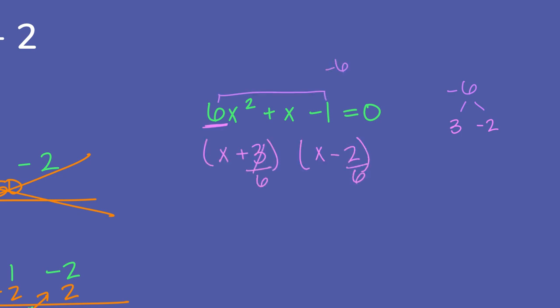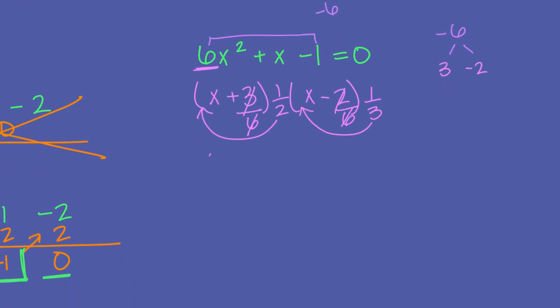Okay, so simplifying this, I'm going to get 1 over 2. Slide that 2. Simplifying this, I'm going to get 1 over 3. Slide that 3. So right now I have 2x plus 1 and 3x minus 1.